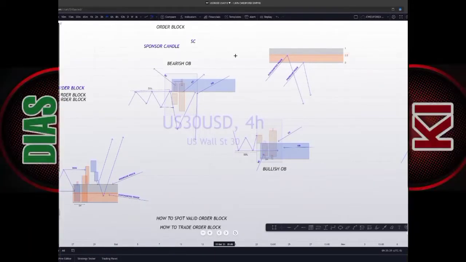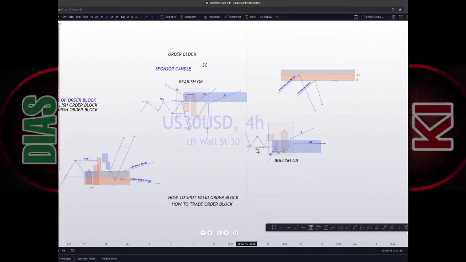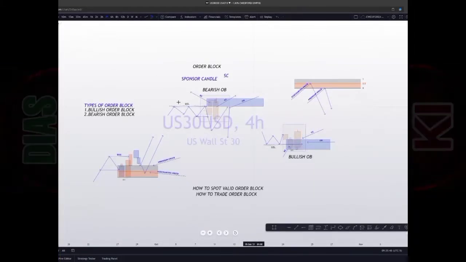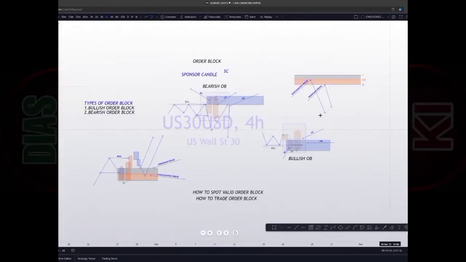Right, so basically this is how to use the game box, and this is how to identify order blocks in the market.